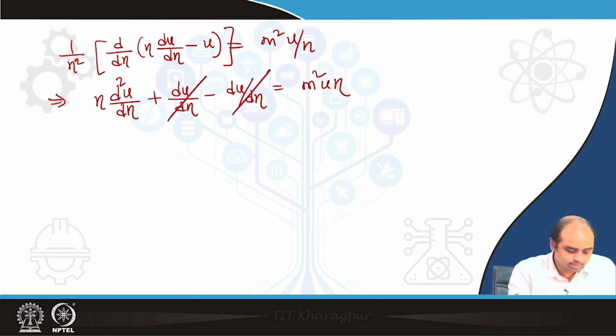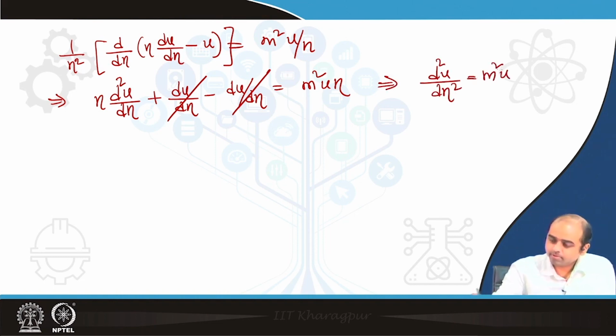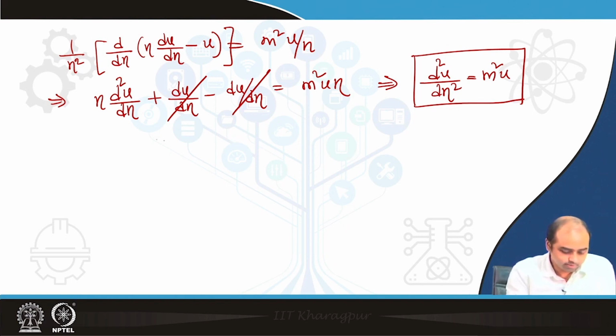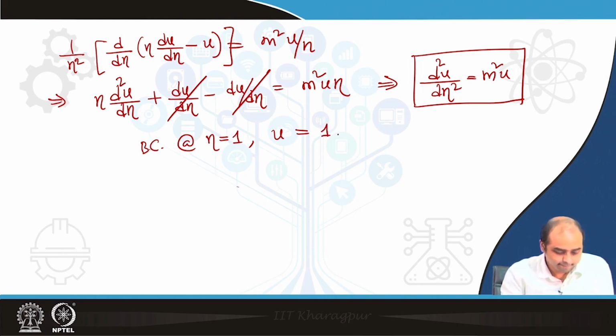So, this and this will cancel out and ultimately you will be getting... Of course, the boundary condition needs to be modified. So, at eta is equal to 1, you will be having u is equal to 1, right.